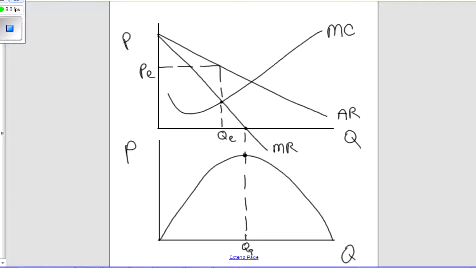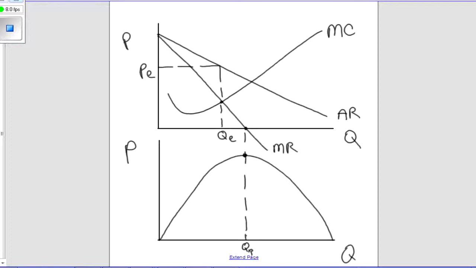Another objective of a firm would be sales maximization. This is when a firm attempts to sell as much as it can without making a loss. Therefore, it is the point where total cost equals total revenue, or where average cost equals average revenue.